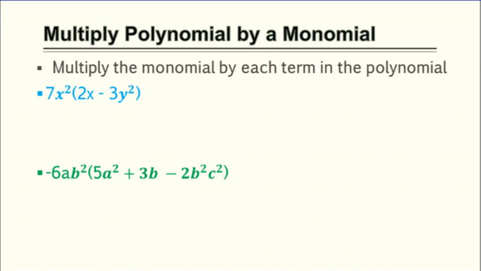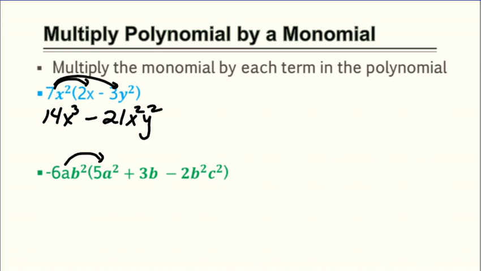Next example, multiply. So 7x squared times 2x would give us 14x cubed, and 7x squared times negative 3y squared, which would be a negative 21x squared y squared. I don't have any like terms, so that would be my answer. Next problem, we got negative 6ab squared times 5a squared, which gives us a negative 30a cubed b squared.